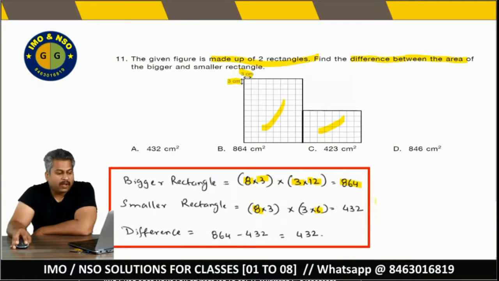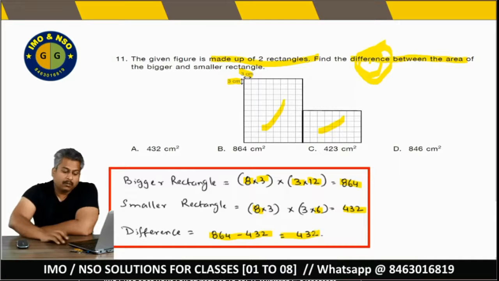So, what is the value of the smaller rectangle? It is 432. So, in the question it was asked what is the difference. So 864 minus 432, which will be equal to 432 only. So, our correct answer is option A. Clear?